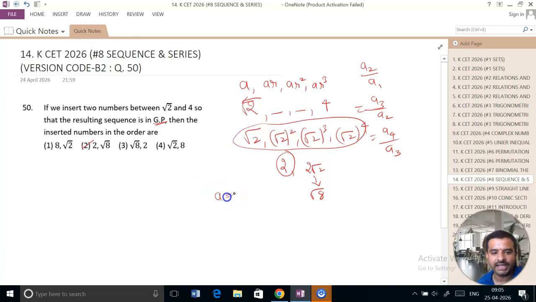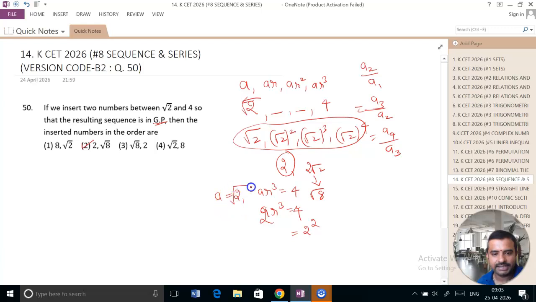Otherwise, if you're going to take a is equal to 2, and according to the given, ar cube is equal to 4.